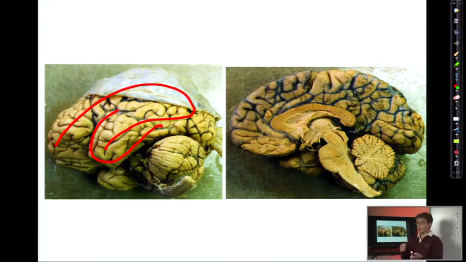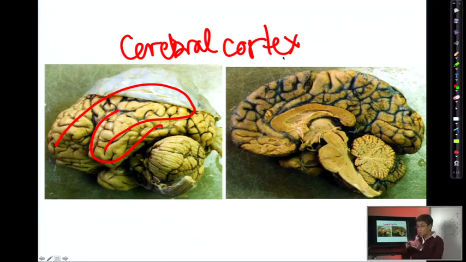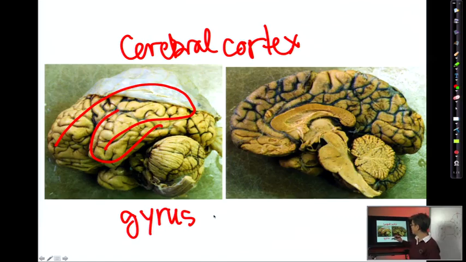In general, the bulk of this is cerebral cortex. The cerebral cortex is the bark, the covering of the brain. In order to get more and more space for bark, we have expanded the surface, and you'll also notice that there are invaginations, hills and valleys, called gyrus or gyri and sulcus or sulci.